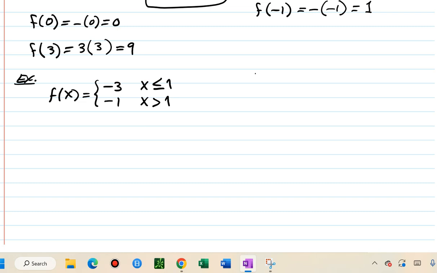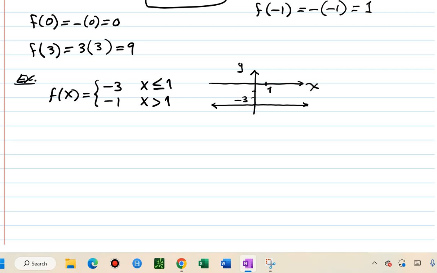Now let's take a look at the graph of this function. Here's x and here's y. Now, f of x equal negative 3 for x less than or equal 1. So here's 1, that's when x is 1. Negative 3, 1, 2, negative 3 is this one. So it's going to behave as a constant function at negative 3.